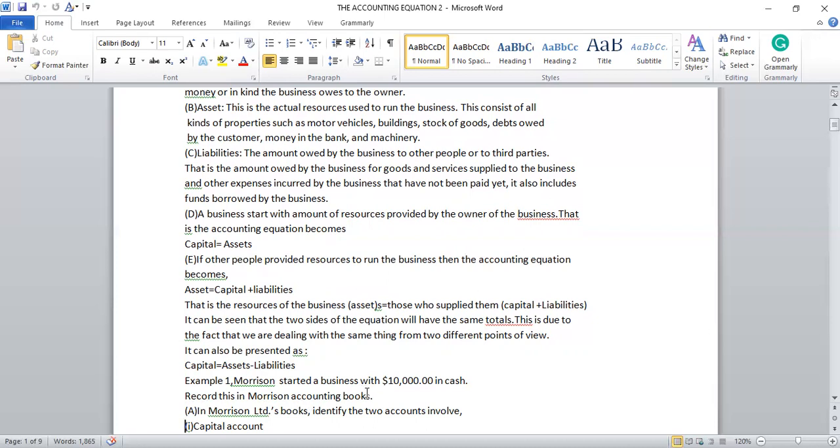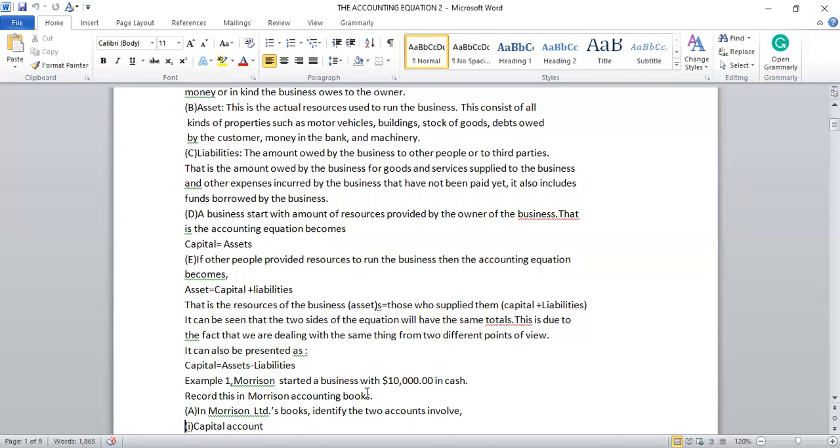Before we go on, in accounting we have a concept by name double entry. Double entry means that every transaction has two effects. That is, every transaction affects two accounts. We have one, an account that is giving, and two, an account that is receiving.